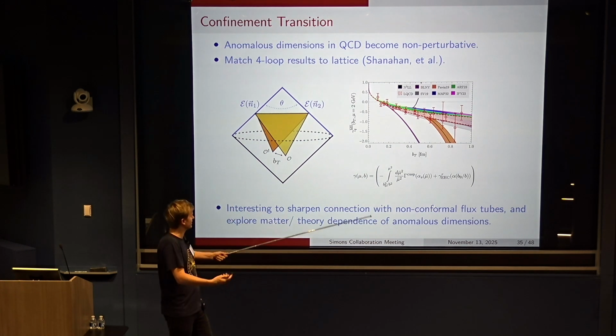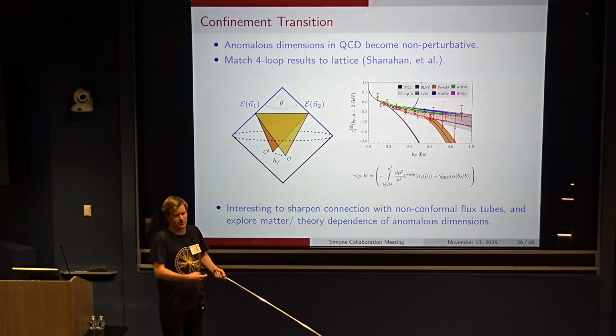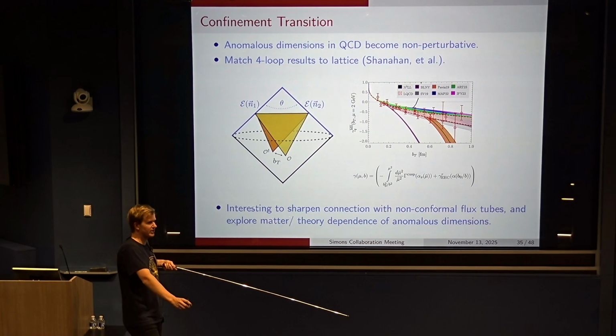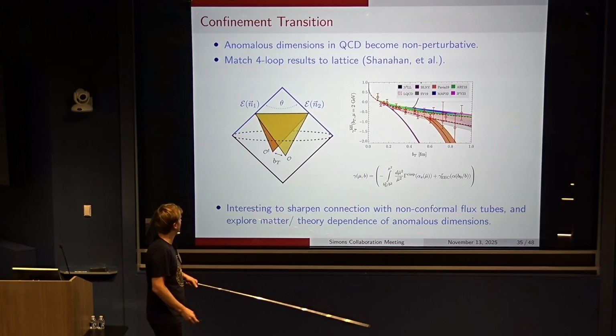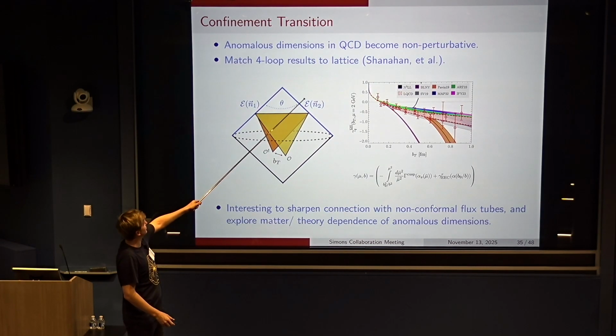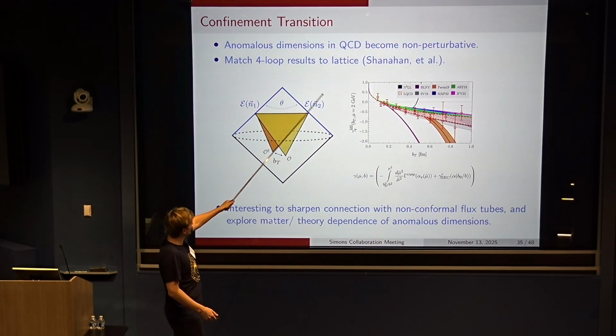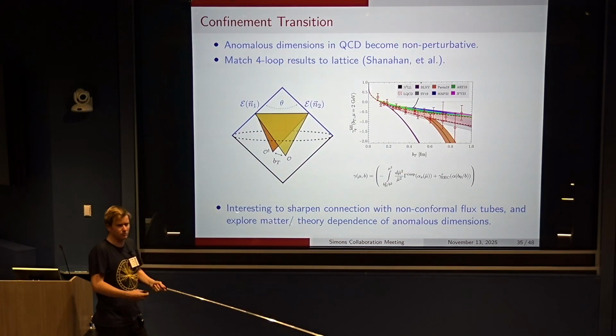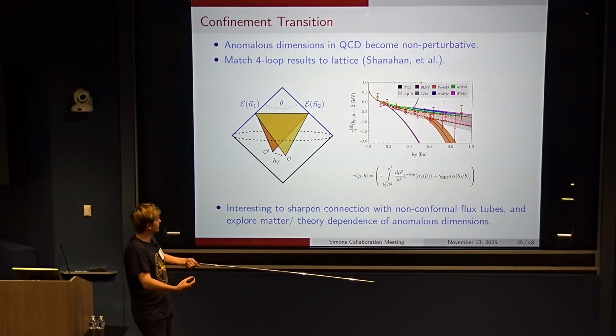So really what you're measuring is some kind of integral over this, which depends on the scale. In real-world QCD, this integral can go low enough that it becomes non-perturbative. One very nice advance recently on the lattice side is that it's become possible to compute these integrals of the cusp anomalous dimension, or certain properties of these Wilson loops, non-perturbatively on the lattice.